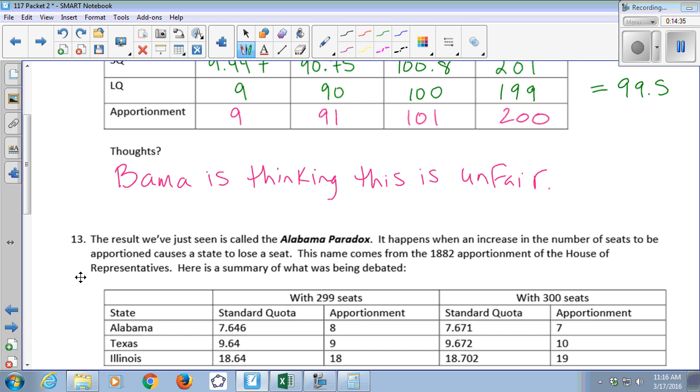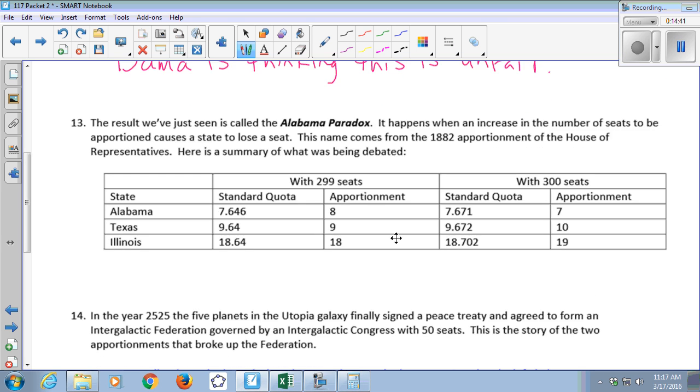Okay, the name comes from the 1882 apportionment of the House of Representatives. Here's a summary of what was being debated. We have Alabama, Texas, and Illinois. If we have 299 seats versus having 300 seats in the House of Representatives. So Alabama, with only 299 seats, was getting 8.